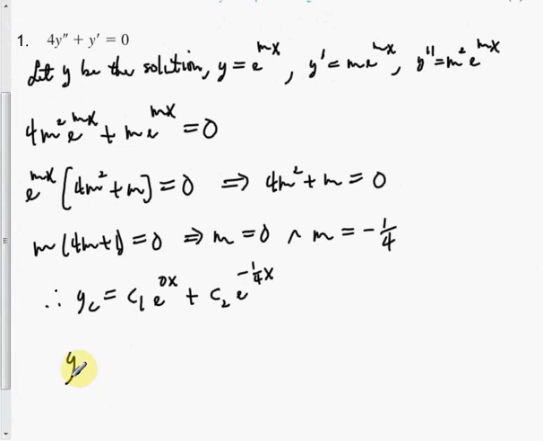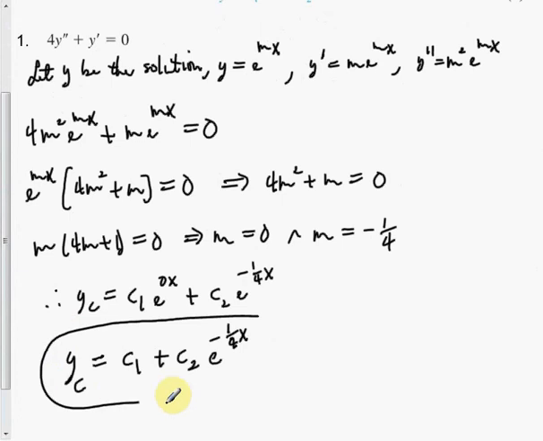And you can simplify that, so y sub c, or y, whatever, doesn't matter, is equal to c sub 1 plus c sub 2 times e to the negative 1/4 x. All right. Is that okay?